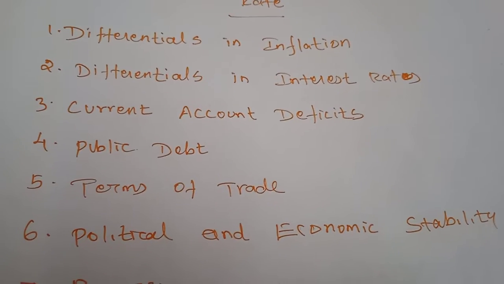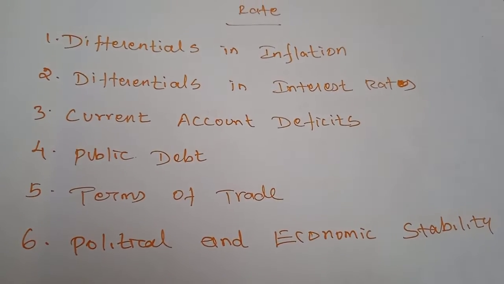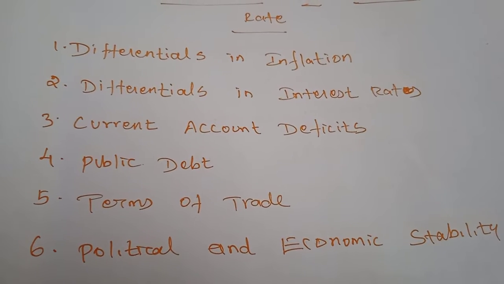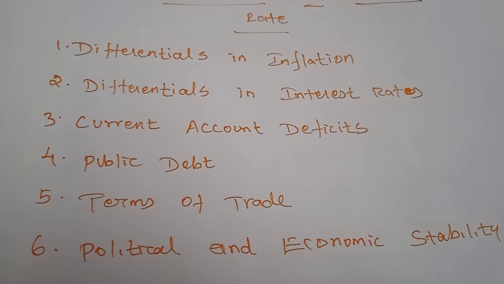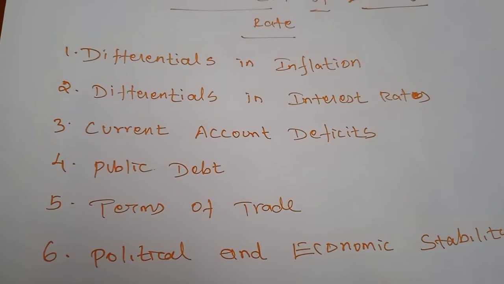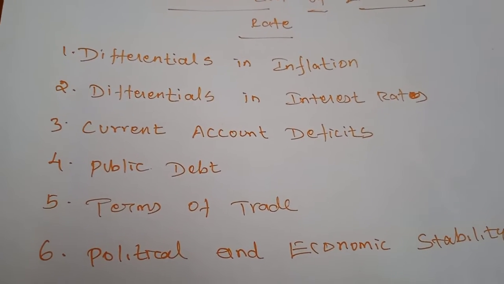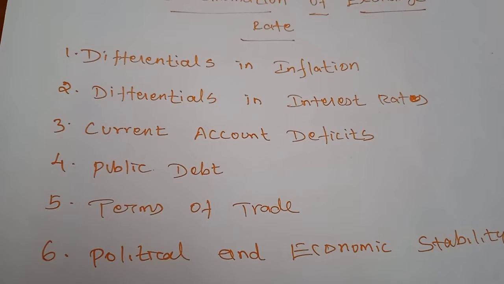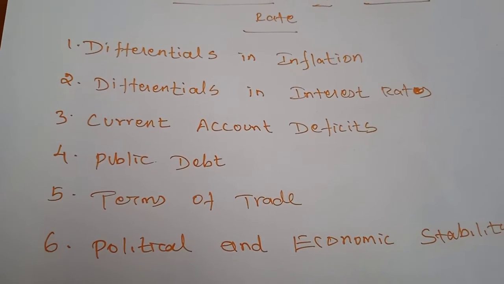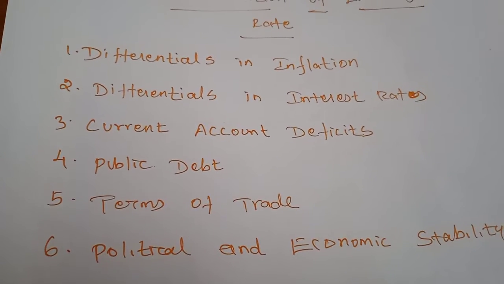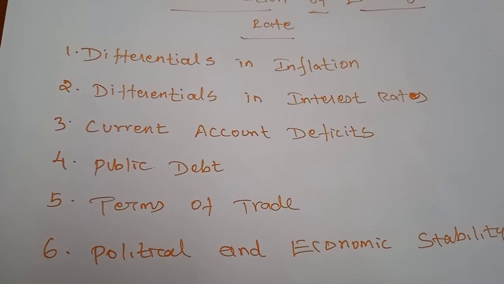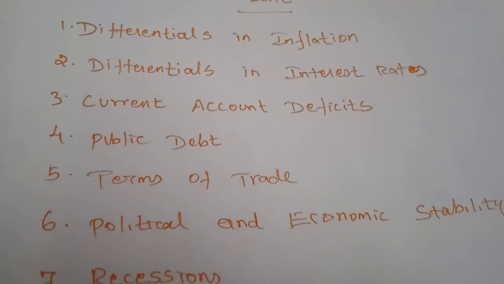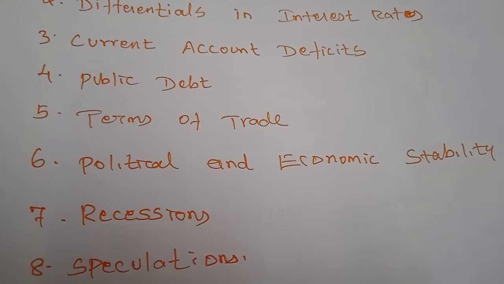So even if we make more effort to increase exports, we cannot manage it, and foreign direct investment will also decrease. So on the basis of public debt, our exchange rate may be reduced. Next, terms of trade.